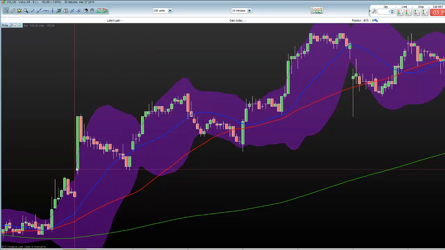This candle is 2 kronor long, so your reward should be either 2 kronor or 4 kronor. It's up to you. Or you can take 50% of the position off at 2 and the other at 4. Again, that's money management, and we're going to go over that further on.